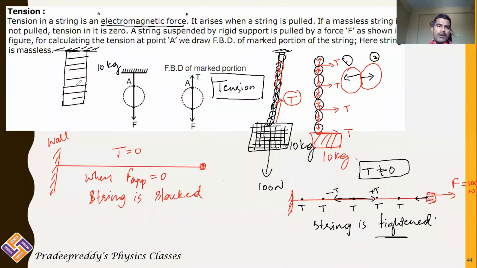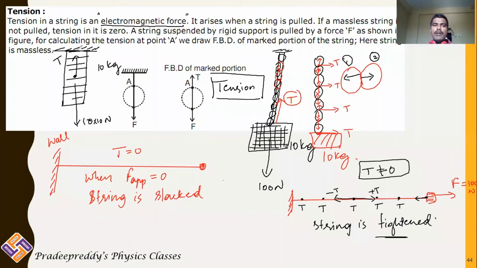Center of mass for the rod is at the center. Therefore, at this center there is a gravitational force which is 10 into 10 Newton, acting in the downward direction. Because of its own weight, there is some applied force in the downward direction. As a result, there will be tension arising in the string because of its own weight.